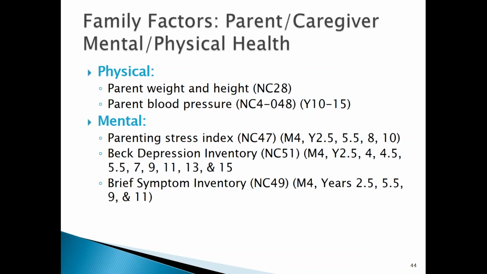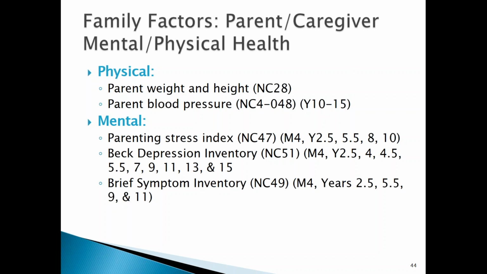So further family factors that you may want to consider are things like the parent or caregiver mental health or physical health. For example, if you're interested in the child's weight and height, you may want to look at the measures of parent weight and height on, I believe, the medical history form.